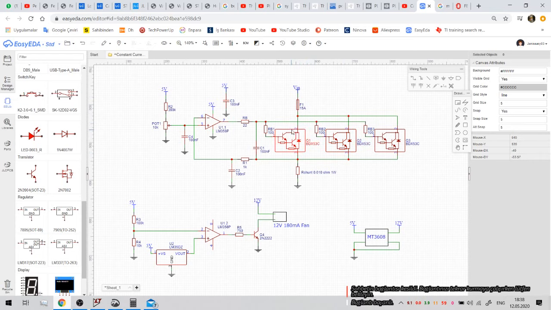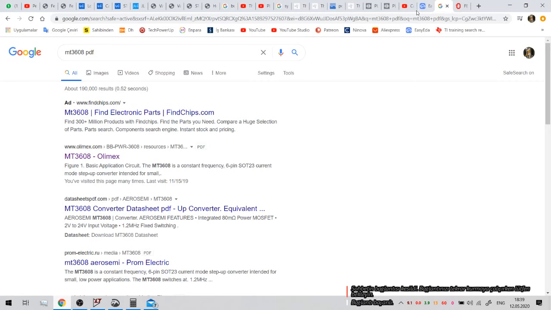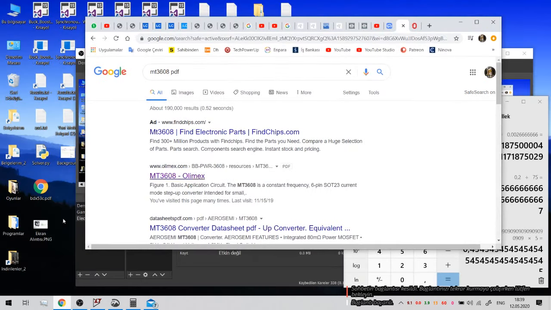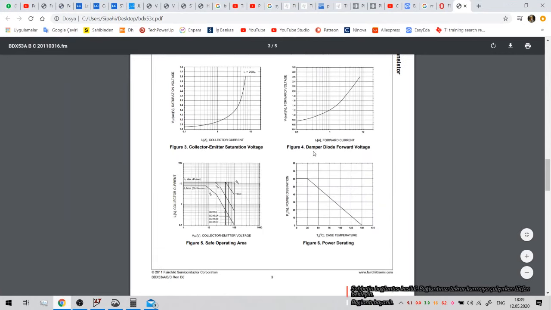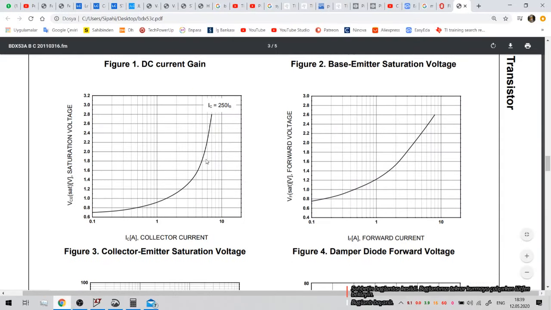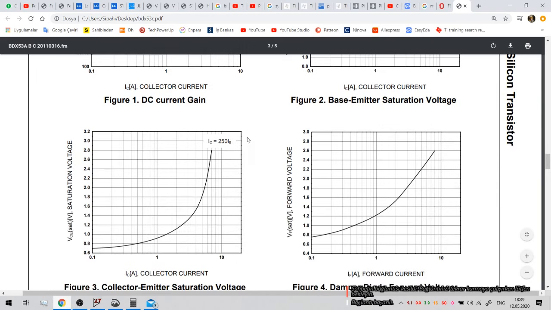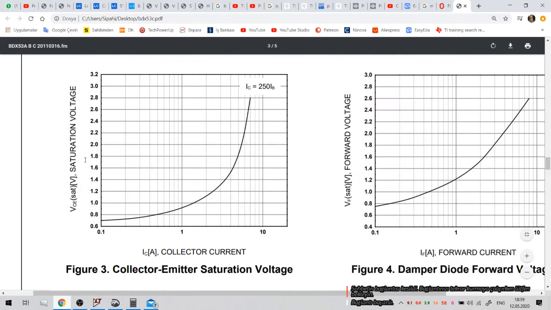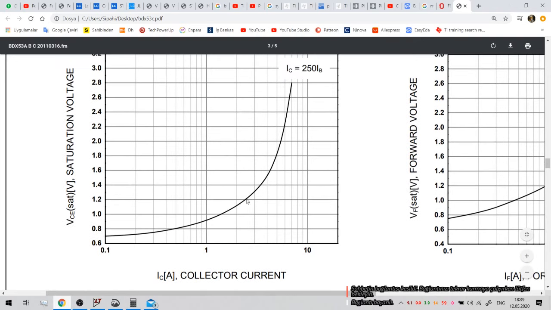And lastly, I want to say for BDX, collector current to collector: you can see 5234 amp will give us 1.5 volt.